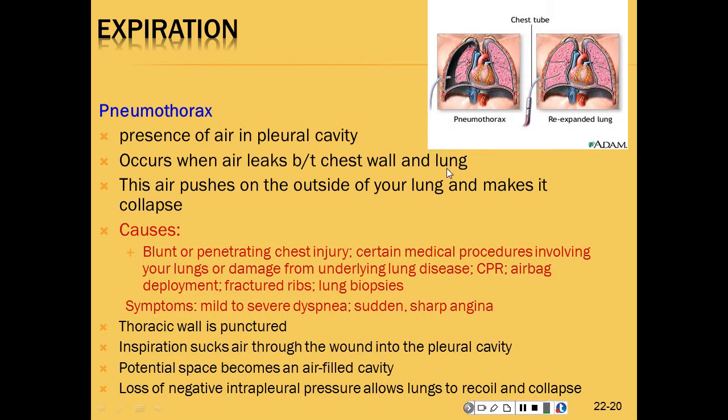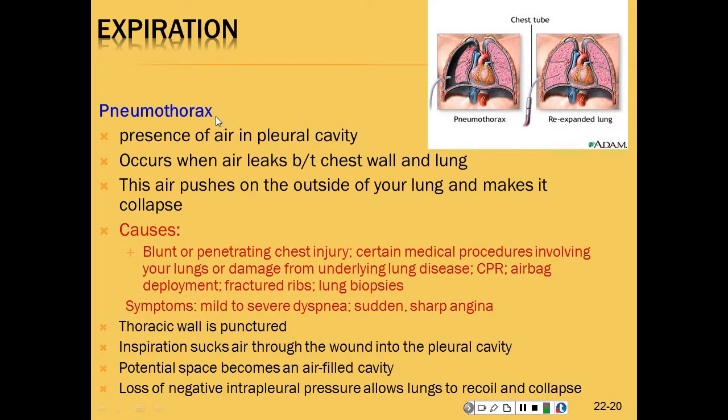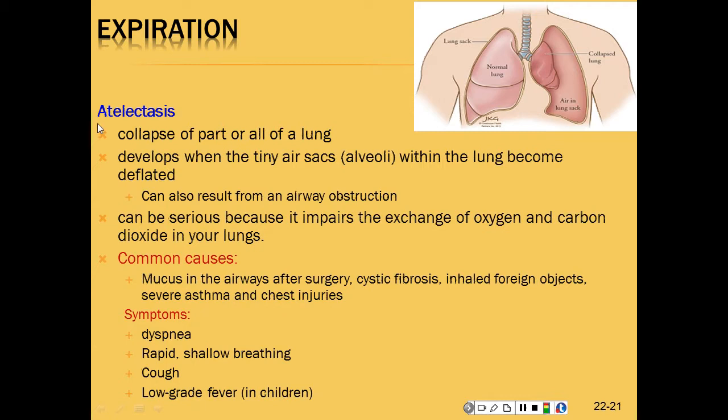Loss of negative intrapleural pressure allows the lungs to recoil and to collapse. Then we have this one here that I was trying to pronounce, atelectasis. This is the collapsing of the lung. So pneumothorax causes the lungs to collapse, which is atelectasis.